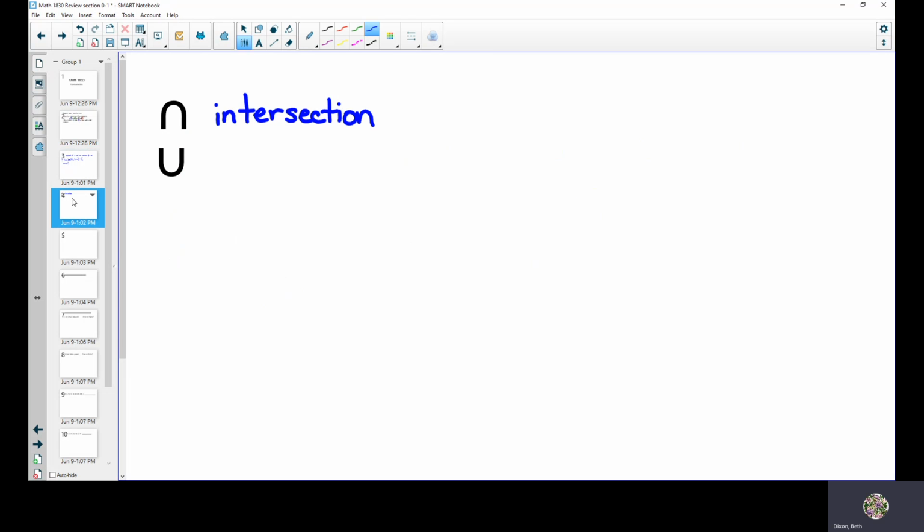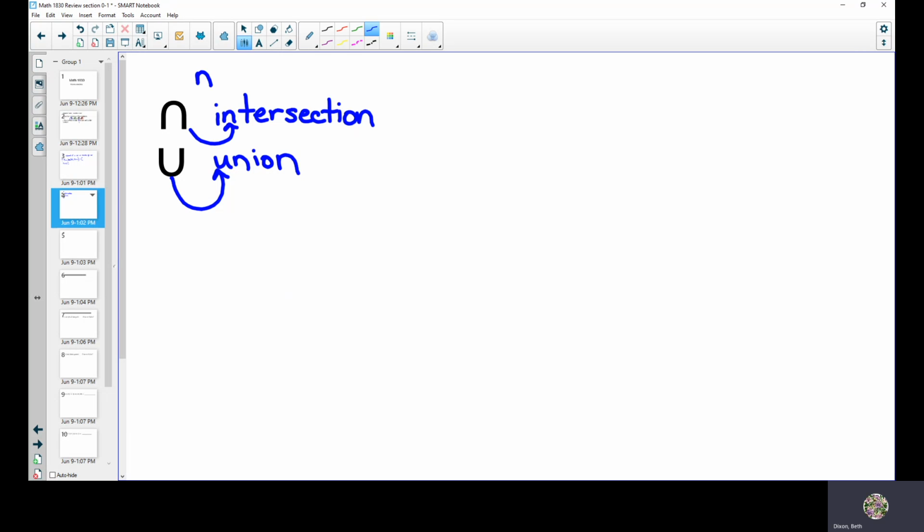Now we're going to go to intersection and union. How do you remember which symbol is which? I can't use the N because they both really have N's, so I have to do something a little different. I remember union is the U, and this one kind of looks like an N, so I think of it as intersection.